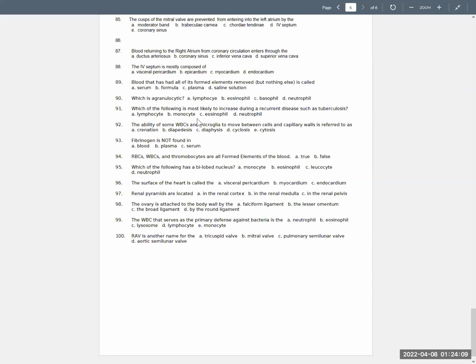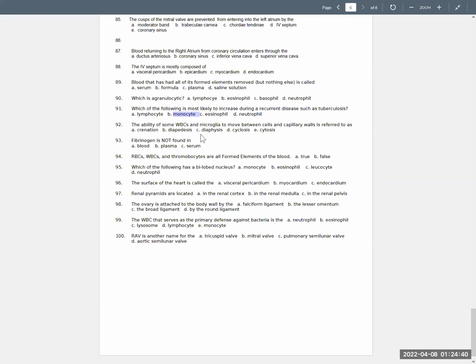90, which of the following is most likely to increase during a recurrent disease such as tuberculosis? Malaria would be another example. We gave the functions of the 5 major types of white blood cells, and the one that reappears to fight recurring disease is the monocyte.